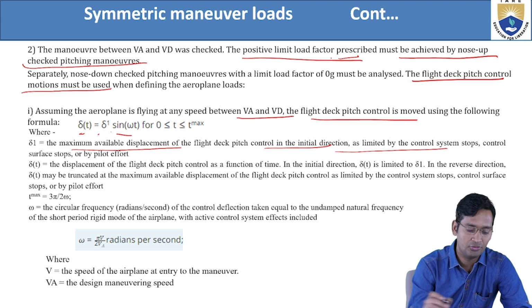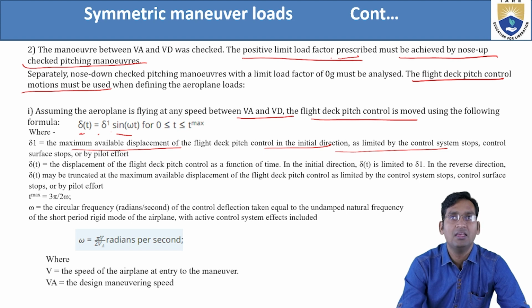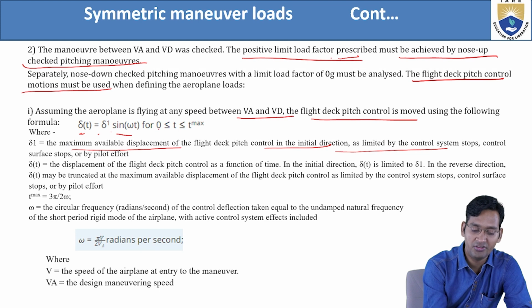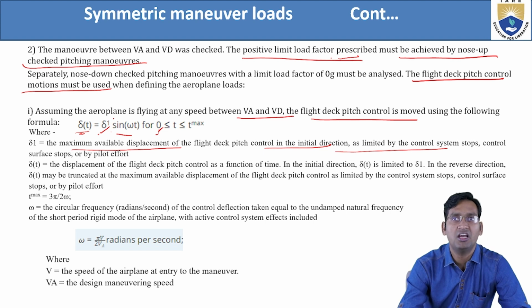What is delta T? Delta T is the displacement of the flight deck pitch control as a function of time. In the initial direction, delta T is limited to delta 1.